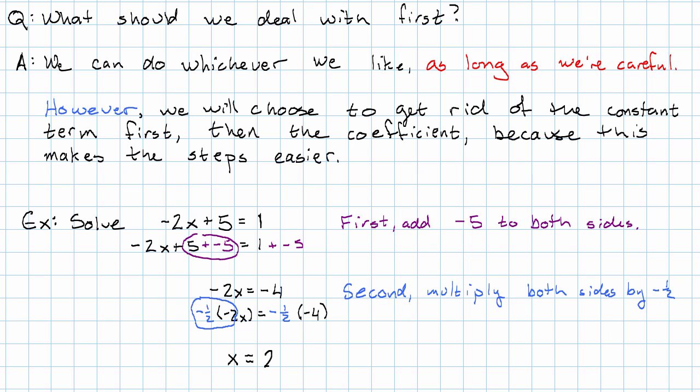Negative 1/2 times negative 4 is positive 2. I get x equals positive 2 as my solution. Again, I might want to check that this really worked. Negative 2 times 2 plus 5. Negative 2 times 2 is negative 4, plus 5 equals positive 1, which is what I hoped to see.